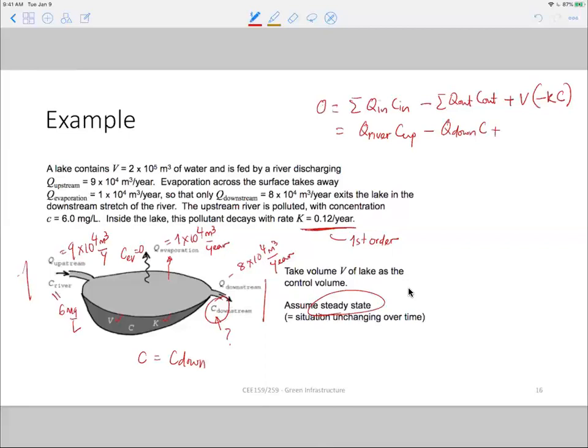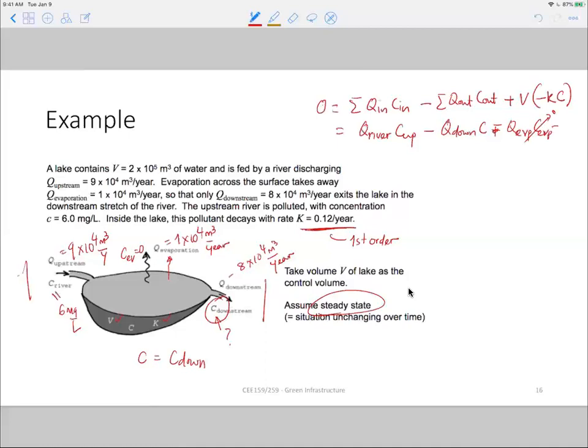Then the evaporation, you know the concentration of evaporation is 0, so you don't have to write that term. Even if you write Q evaporation times C evaporation, this term is 0.